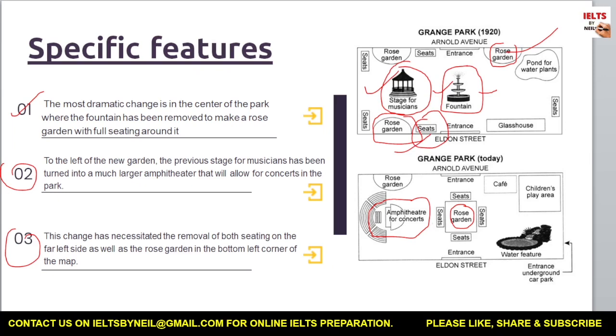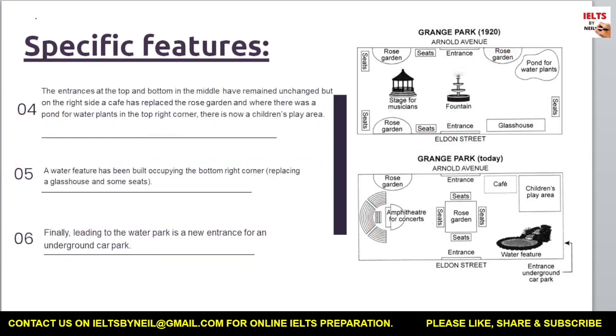Now, let's have a look at the more specific features. Okay, now this is saying that entrances at the top, bottom, in the middle have remained unchanged, but on the right side, a cafe has replaced the rose garden. Means these entrances have remained unchanged, but on the right side, this one, a cafe has replaced the rose garden, right? Where there was a pond in the top right corner, now there is a children's play area.